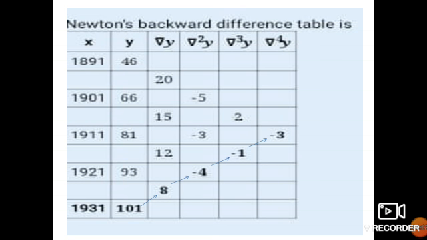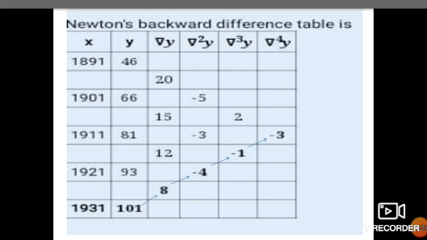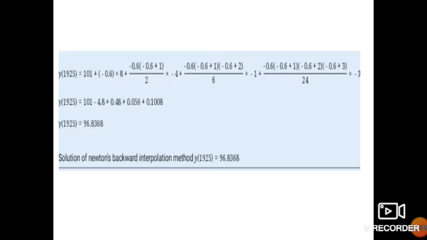So we have to choose the nth value, which is nothing but y4. So y4 is 101, and del y4, del squared y4, del cube y4 and del 4 y4. These are the values I have marked by the arrow: 101, 8, minus 4, minus 1, minus 3. These are the values we have selected to apply the formula. See here, I have applied the values in the formula. 101 is the yn value, and del yn value is 8.